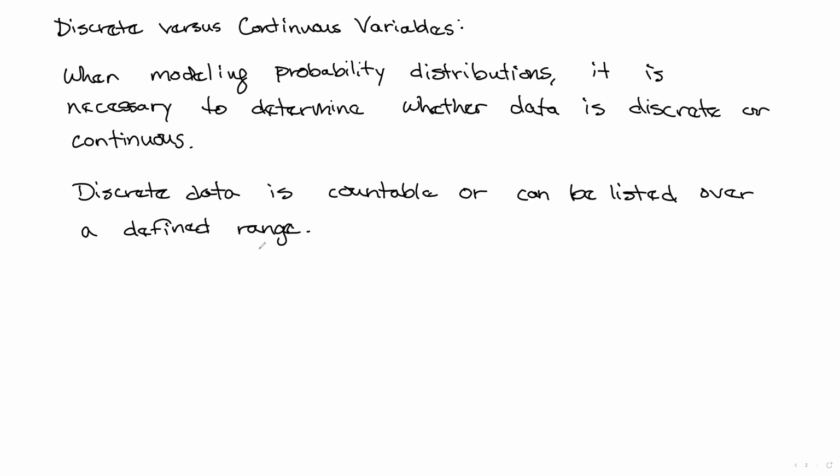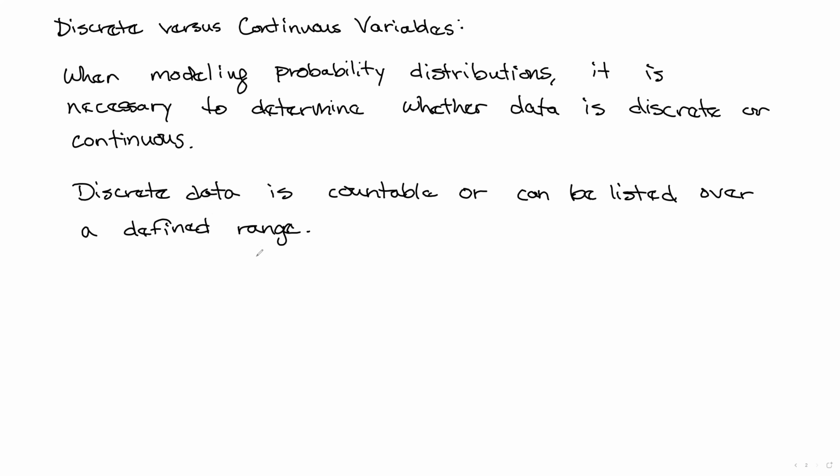So let me briefly talk about what we mean by a defined range. You have kind of bookends for the numbers. So if you have from 0 to 5, discrete data would be a countable number of outcomes that are between 0 and 5.